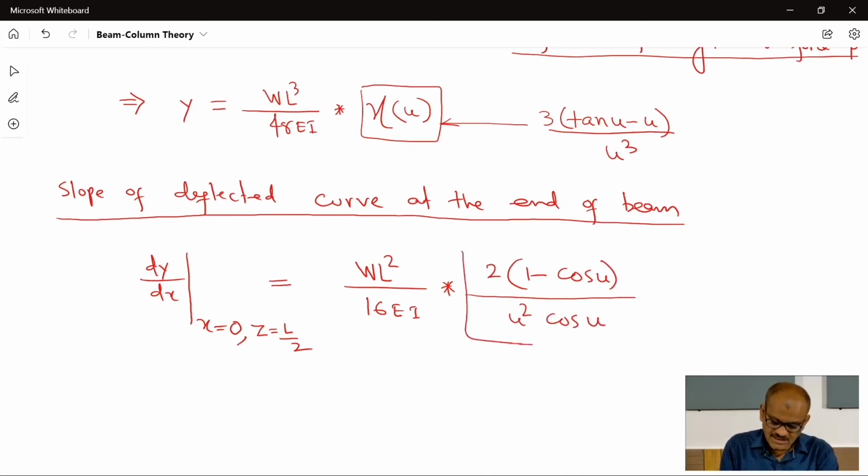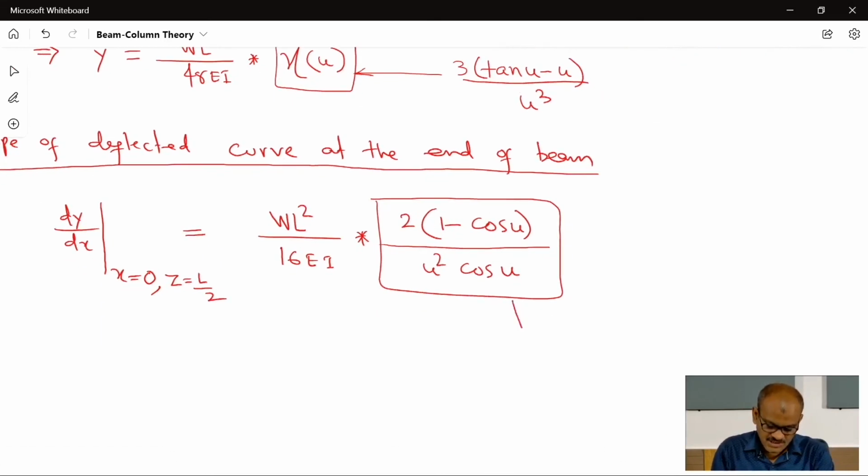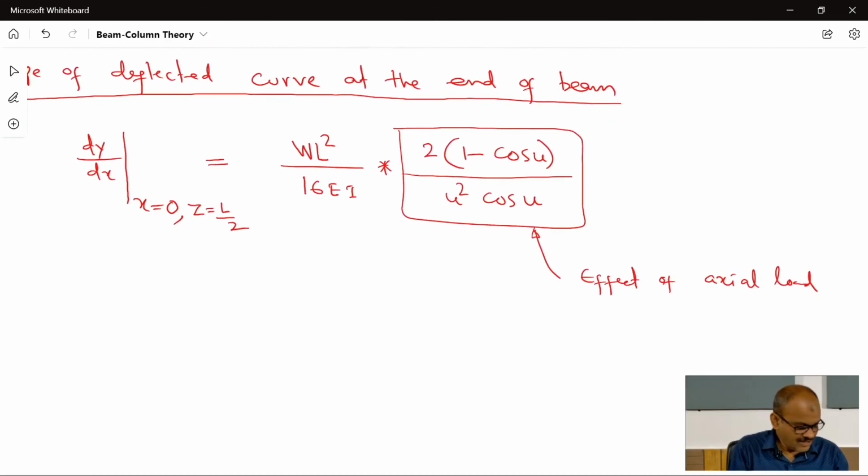So similarly, this is the effect of axial load. This is the factor which is due to the axial load. So what will be the maximum theta value? Theta max is at x equal to 0 and z equal to L by 2.